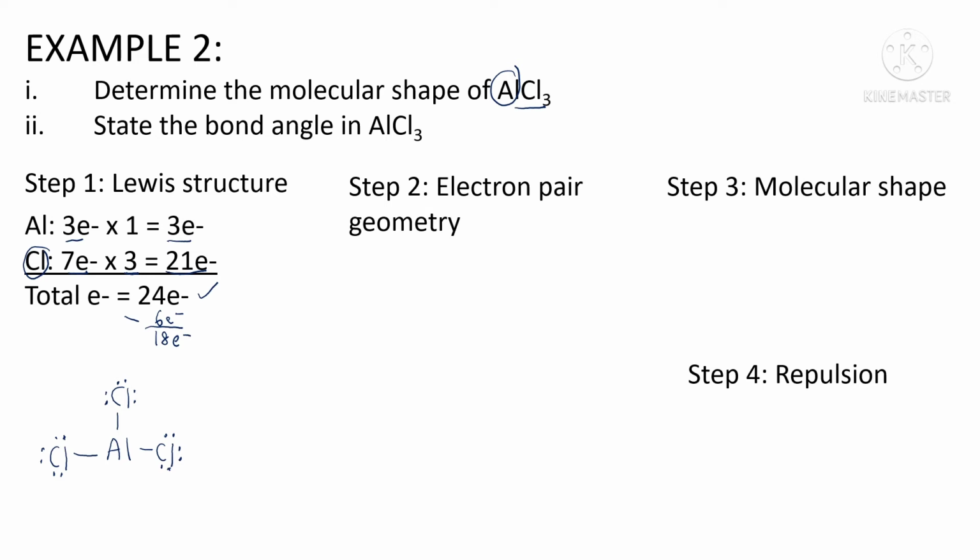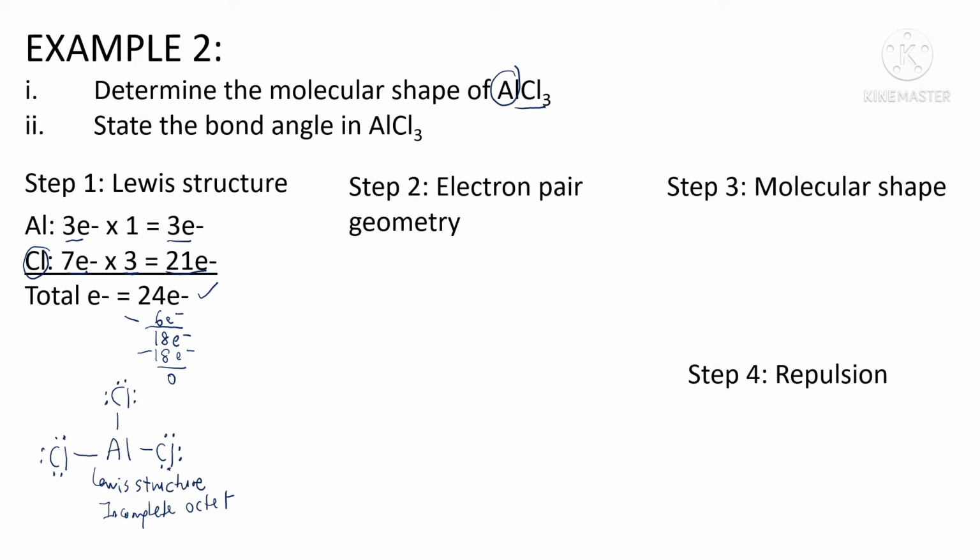By putting all the 6 electrons in for each of the chlorine atoms, we have drawn 18 electrons. So no electrons remain for the central atom. For aluminum chloride, because aluminum as a central atom can have an incomplete octet, this is the Lewis structure for aluminum chloride.